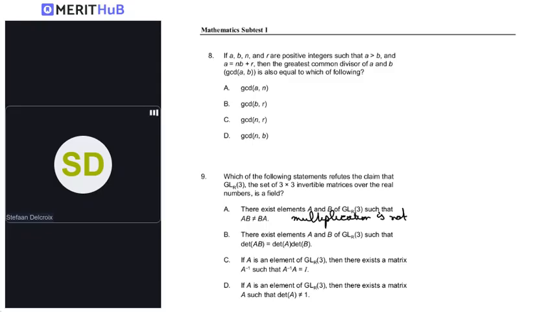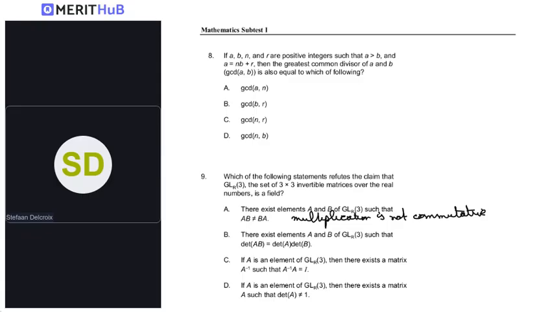Does that prove it's not a field? Well, the question then would be, in order to be a field, does your multiplication need to be commutative? For a field, everything had to work out nice.